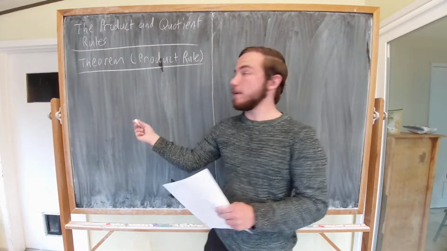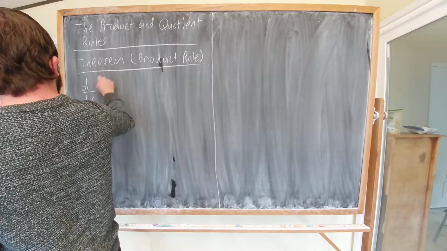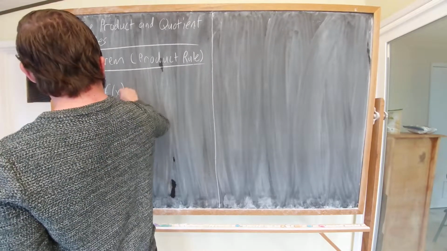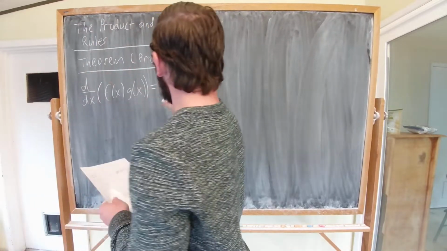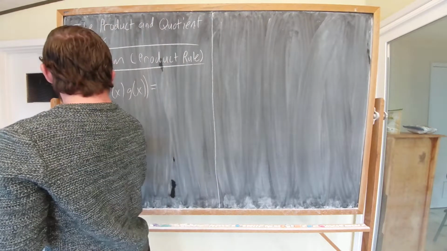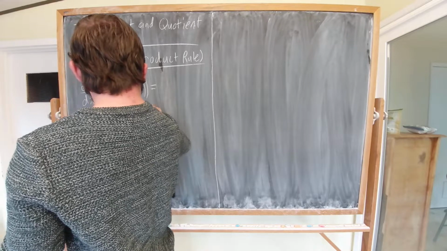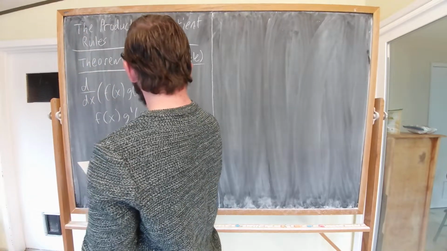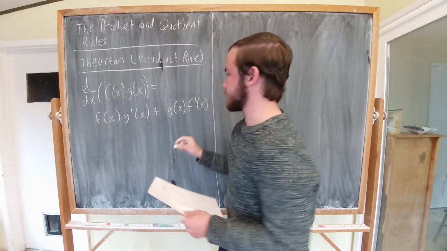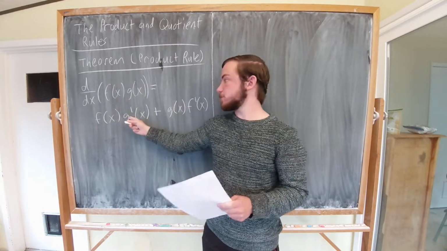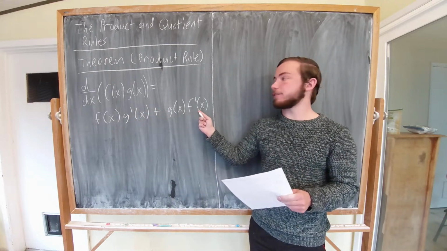Okay, so the derivative of two functions, f and g, multiplied together, d/dx of f(x) times g(x), is going to be equal to f(x) times g'(x) plus g(x) times f'(x). So, first times the derivative of the second plus the second times the derivative of the first.